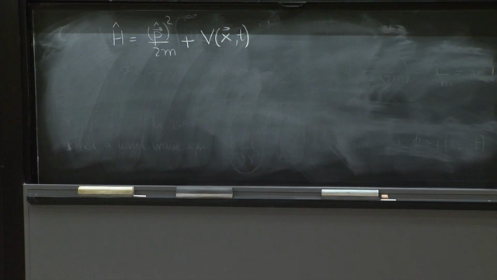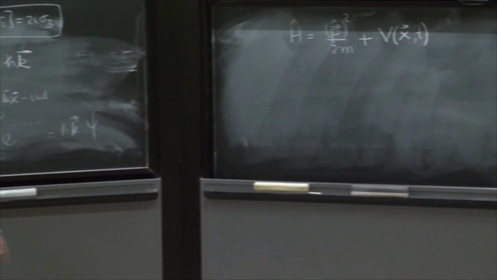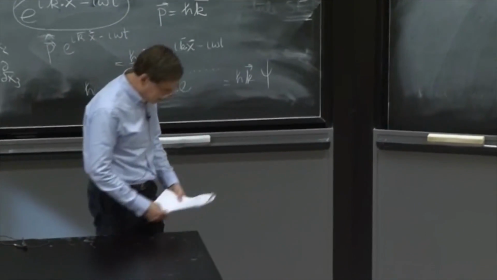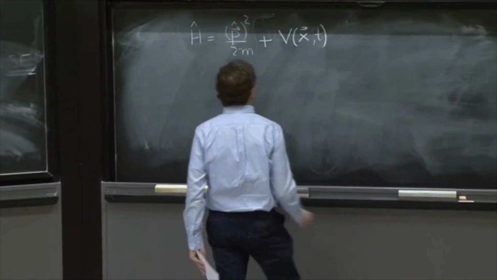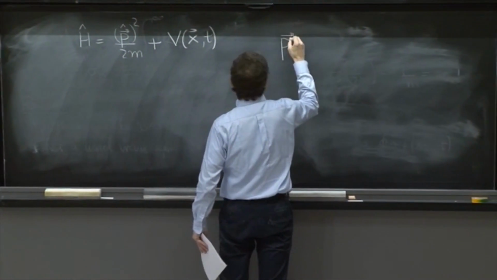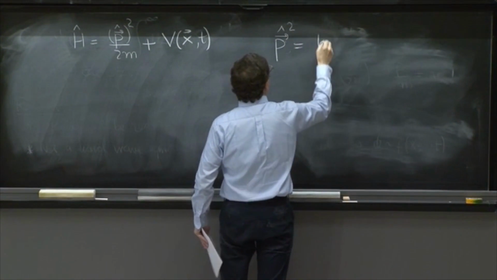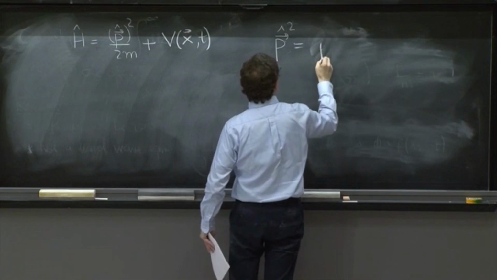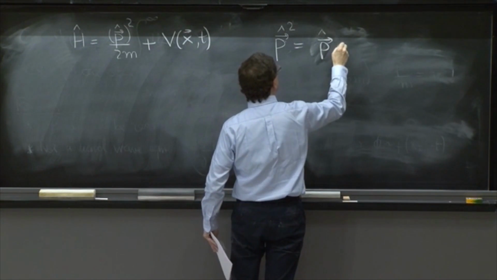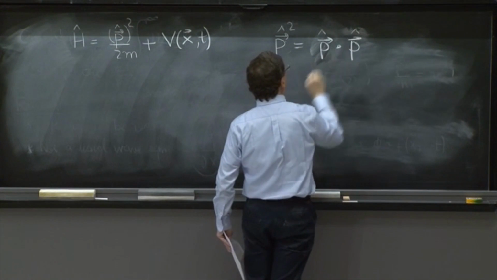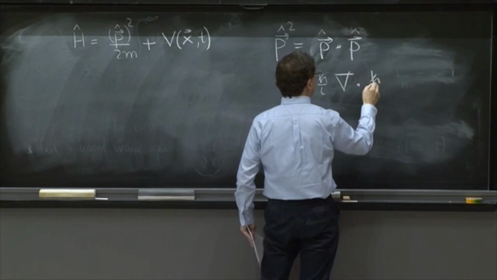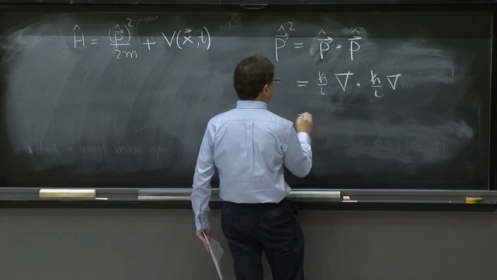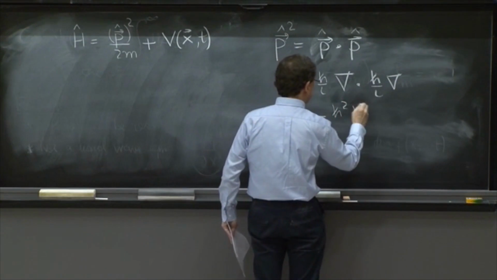If the potential is radial, like the hydrogen atom, it is much simpler. There are conservation laws, angular momentum works nicely, all kinds of beautiful things happen. If not, you just leave it as x and t. And now what is p hat squared? Well, p vector hat squared is p vector hat dotted with p vector hat. And this is h bar over i gradient dotted with h bar over i gradient, which is minus h bar squared Laplacian.